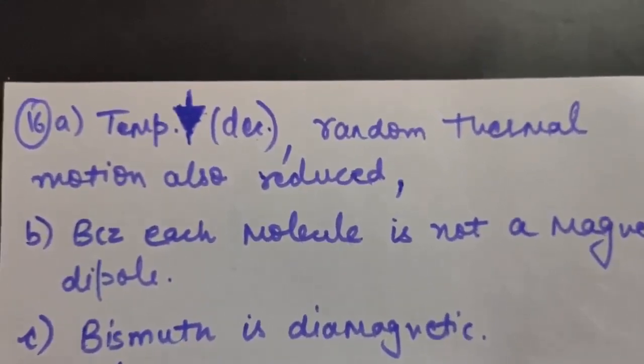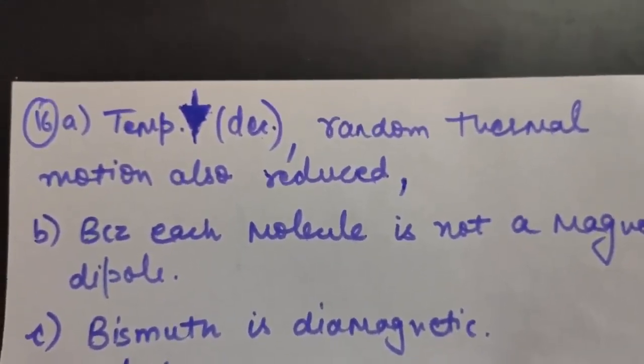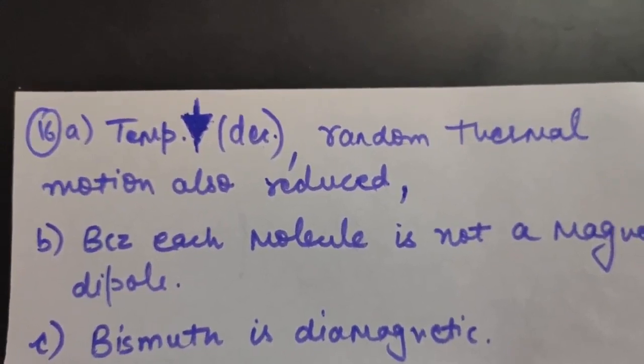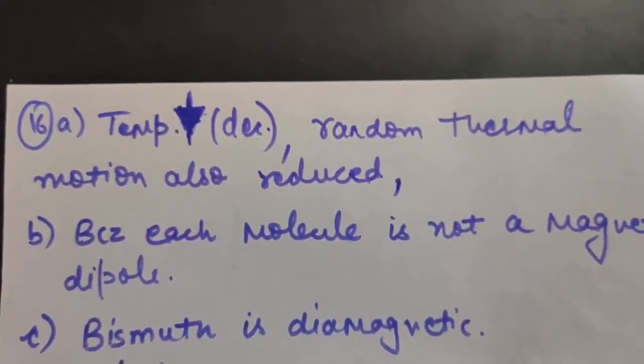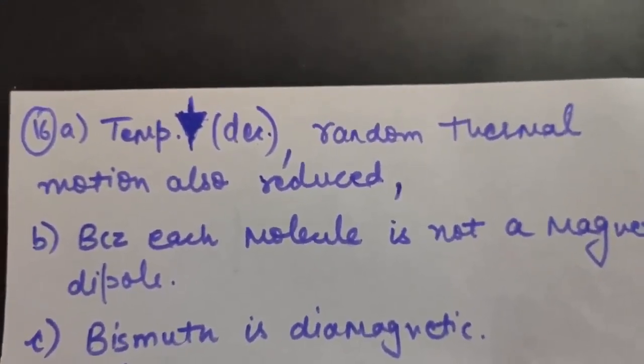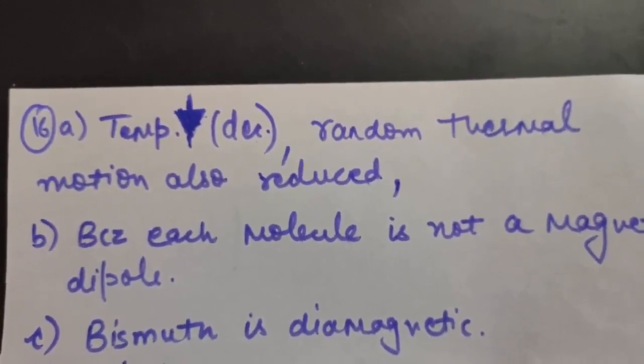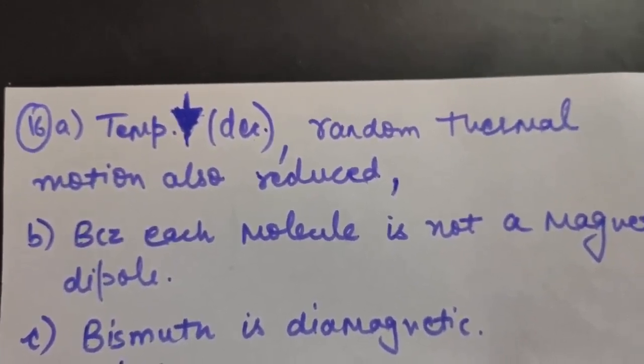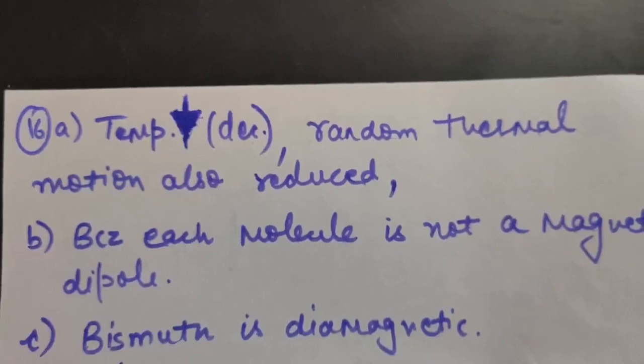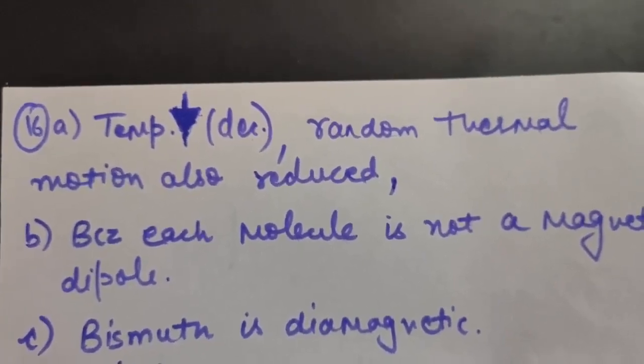Now, if thermal random motion is decreasing, that means some part of the dipole moment will not get cancelled. So as we decrease the temperature, the magnetization gets greater because alignment of dipoles will not be as random as in the case of increased temperature.